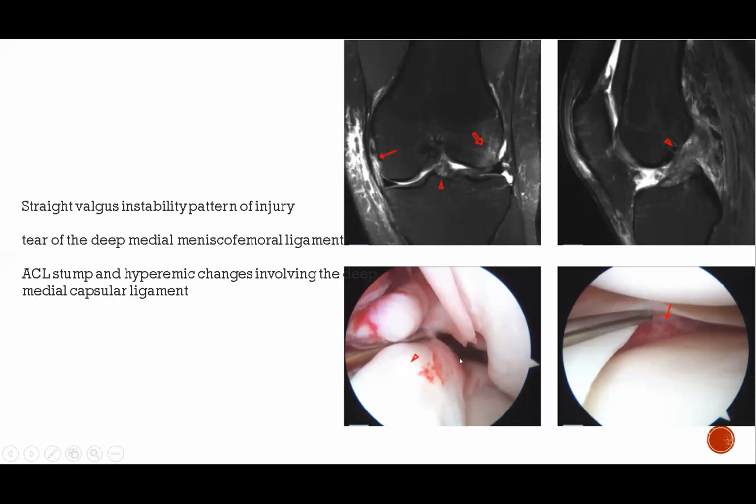The important point to be carried is that in the arthroscopic images it is just seen as an ACL tear along with some hyperemic changes in the medial capsule, but clinical examination and MRI before the surgery play a very important role owing to the most serious injuries, which are actually hidden in this picture in arthroscopy.